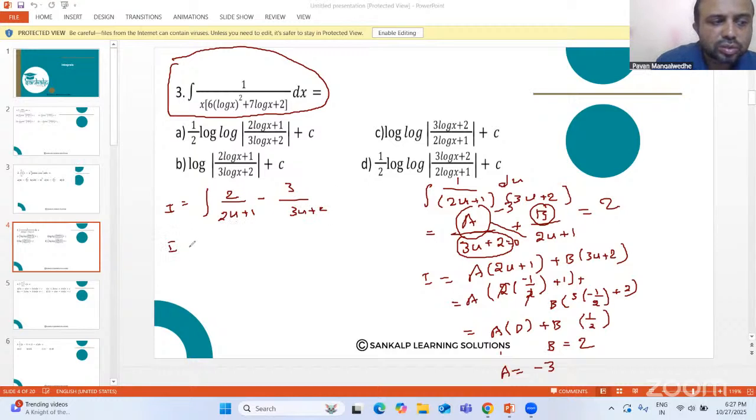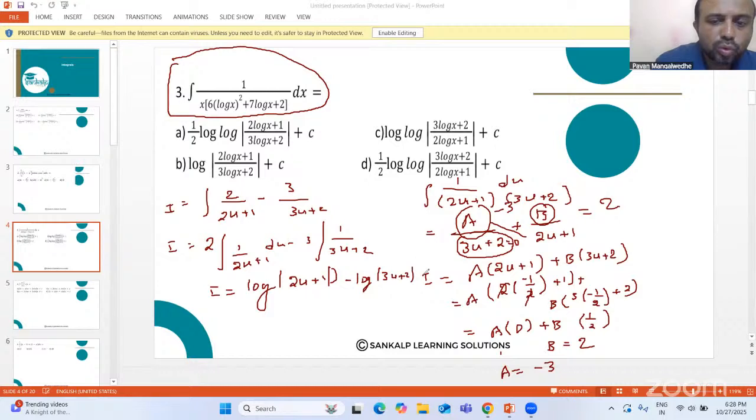So I is equal to 2 into the integration of 1 upon 2u plus 1 du, minus 3 into the integration of 1 upon 3u plus 2. Recalling this, we get I is equal to log of mod of 2u plus 1 minus log of mod of 3u plus 2 plus c, the constant.